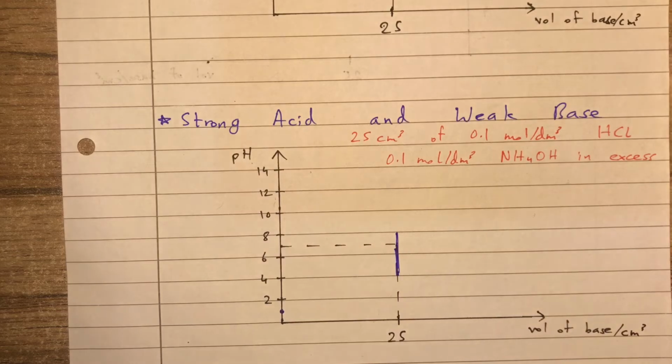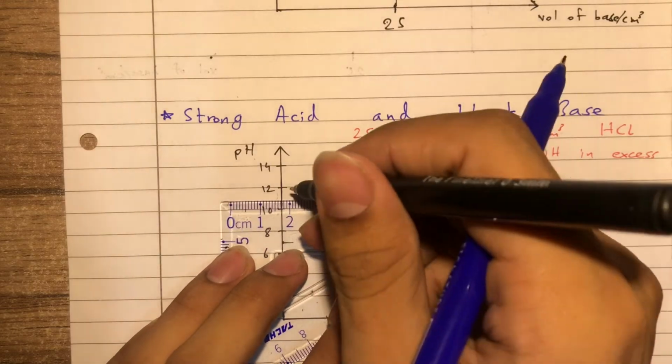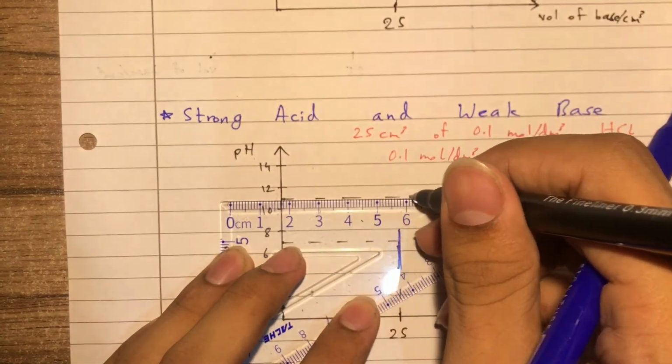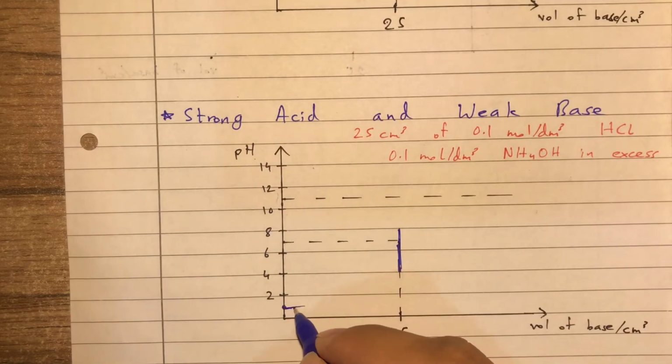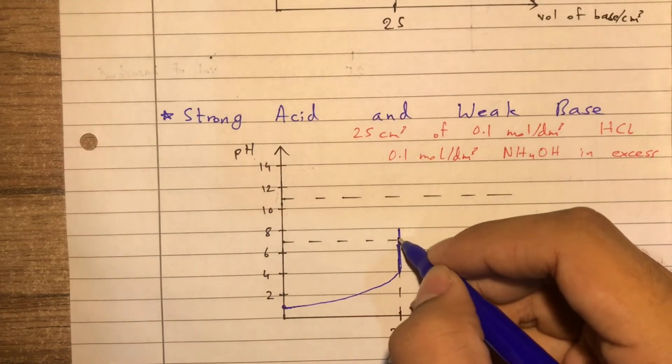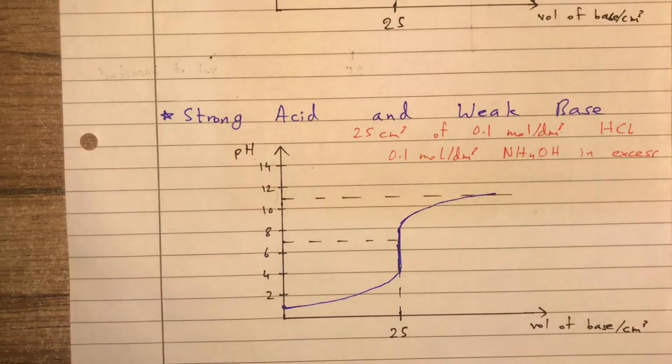Then it's a weak base, so the pH is approximately 11. So the graph will end at 11. Starting at 1, it hits the vertical, and then from the top of the vertical till 11. So this is the titration curve for a strong acid and a weak base.